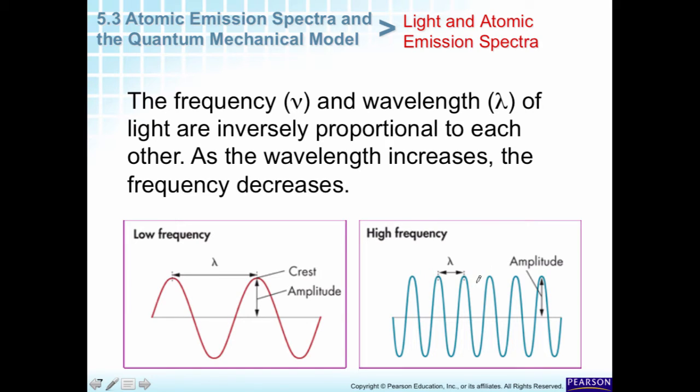You're going to see a lot more complete cycles in a high frequency situation. A high frequency wave also has a lot more energy than a low frequency one. This is one of the reasons why they used red and blue. Red is a lower energy wave, and blue-green is a higher energy wave.